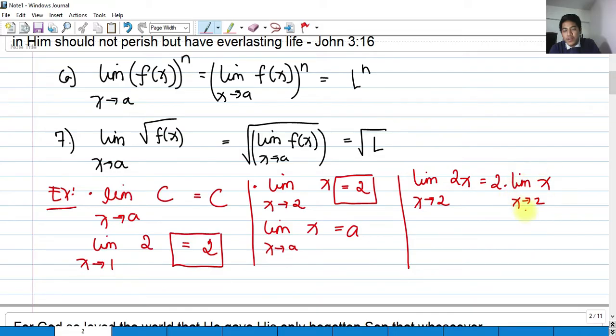This has a similar property to our property number 2, so this should be only equal to 2. We simply substitute the value of a in our x. So, 2 multiplied by 2 is equal to 4. That is what the property meant.